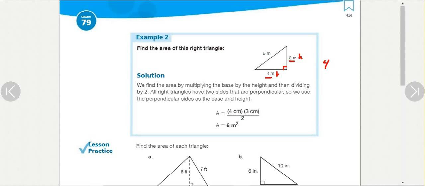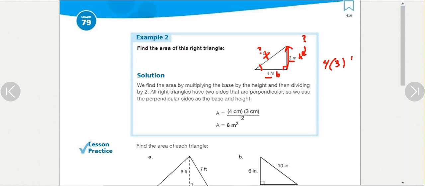This was the base. Why is this the height, you think, and not this? Because it's 90 degrees up. It's straight up from the other one, and this one is at a 45-degree angle. We don't want that.